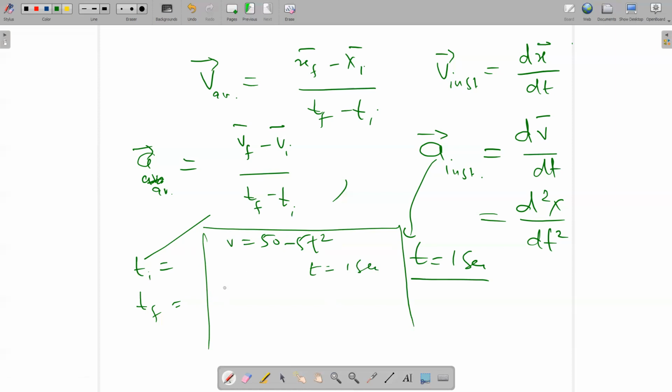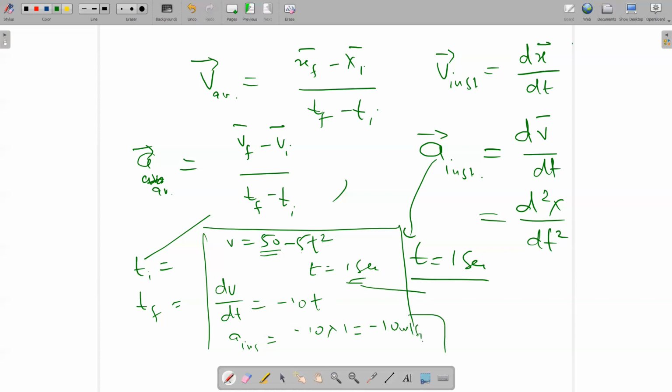How can you find it? You will find the derivative of this, dv over dt. So dv over dt: this derivative is 0 and this is minus 10t, 5 multiplied by 2, 10, and t. So this is your instantaneous acceleration. So minus 10 into t, t is 1 second, so this is your acceleration. And this is instantaneous acceleration.